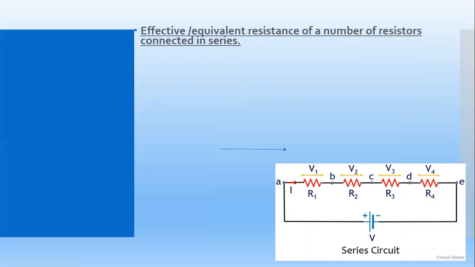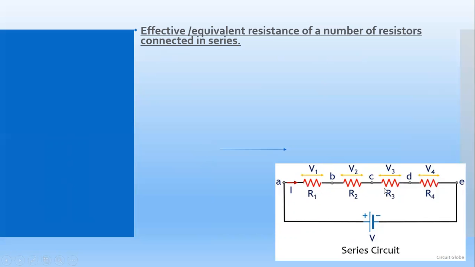Effective or equivalent resistance of a number of resistors. When the resistors are connected in series, the total resistance is equal to R1 plus R2 plus R3. Effective or equivalent means total resistance of a number of resistors.